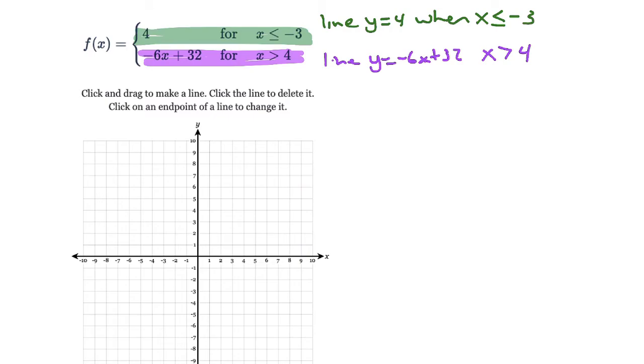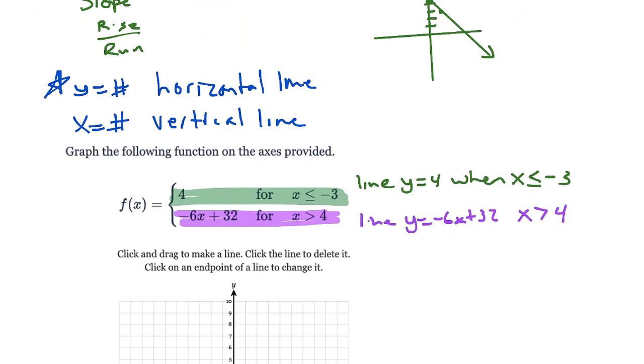So if we were to kind of look at the first one, let's look at the green one. That's the easy one. Graphing the line y equals 4 when x is less than or equal to -3. Remember, y equals 4 is a horizontal line.